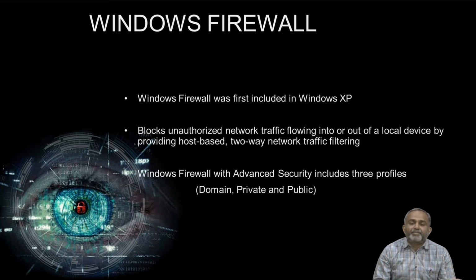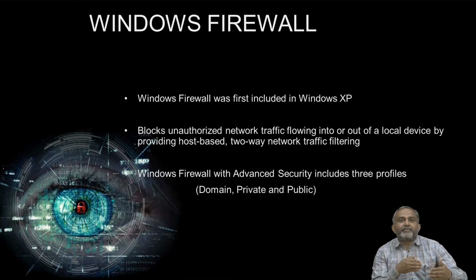But after Windows XP, Microsoft Corporation provided an inbuilt firewall, and the main concept of the Windows firewall is to block unauthorized network flow into and out of the local device, whether from the host side or from outside of the network.